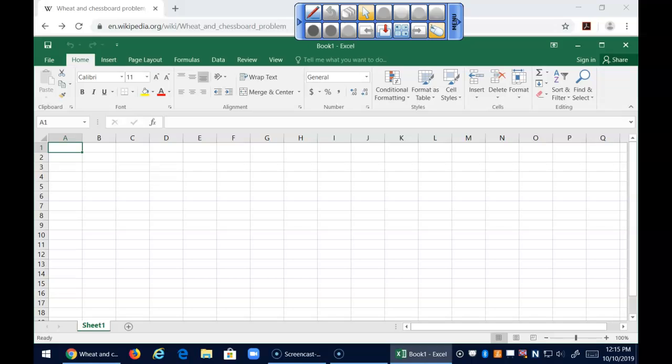Spreadsheets are like a combination of graph paper and calculators. So I can move around with my arrow keys and put in things, right? I can put in numbers and so on. So far it's just like graph paper. I'm writing in the squares. What makes it like a calculator is I could put a formula in.